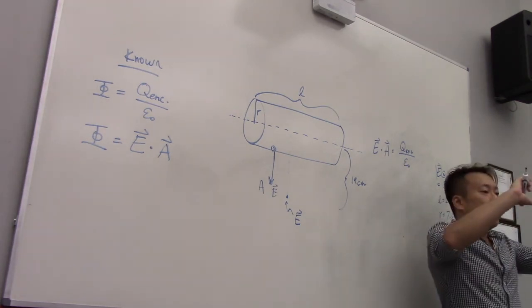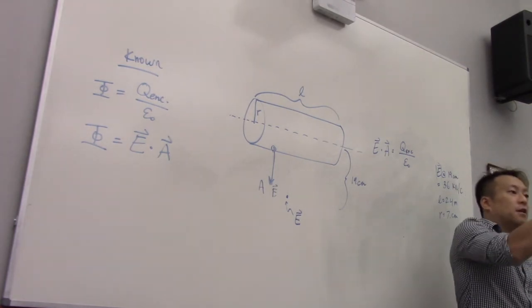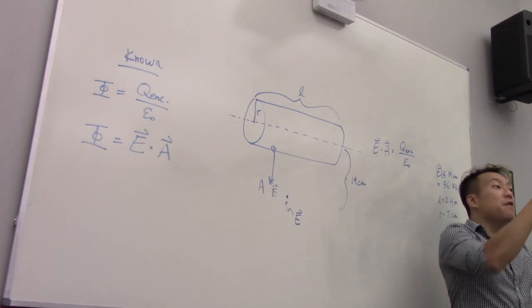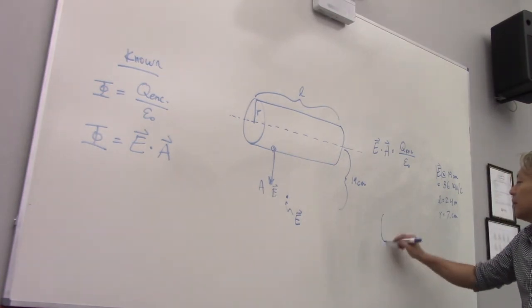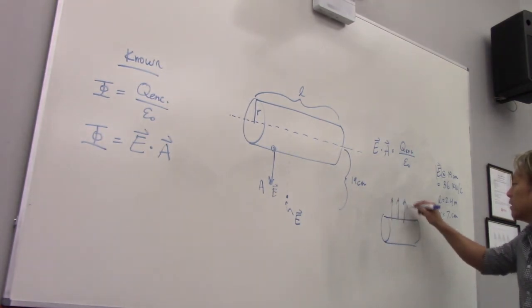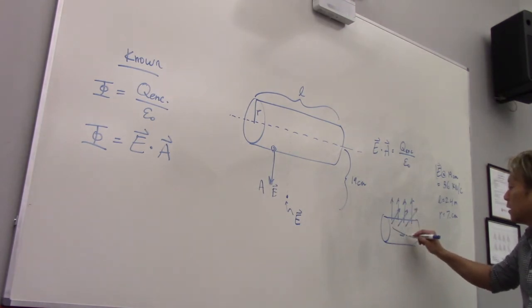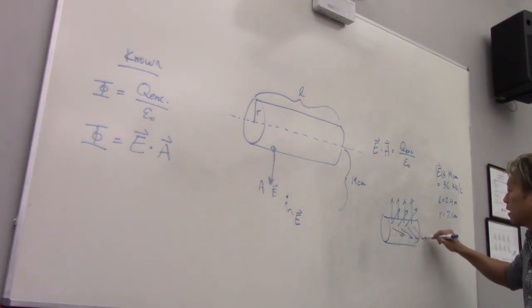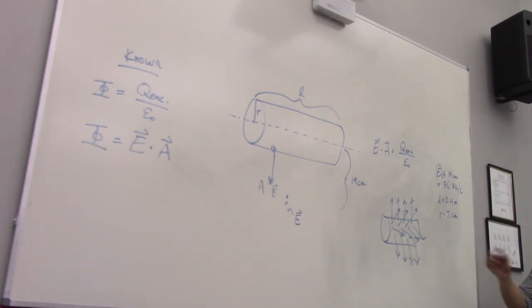You can imagine on this cylindrical surface, you have area vectors pointing out, kind of like this. Let me draw it out. Kind of like a wheel with spokes on it. You see what I mean?